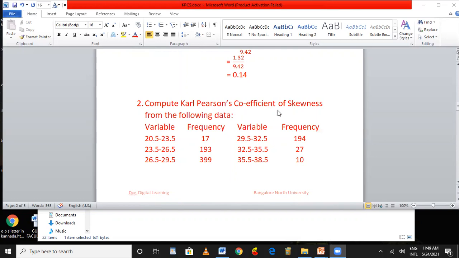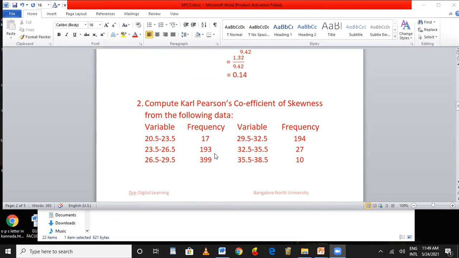Compute Karl Pearson's coefficient of skewness from the following data. Variable: 20.5 to 23.5, 23.5 to 26.5, 26.5 to 29.5, 29.5 to 32.5, 32.5 to 35.5, 35.5 to 38.5.